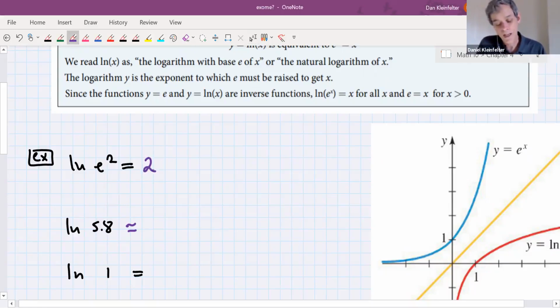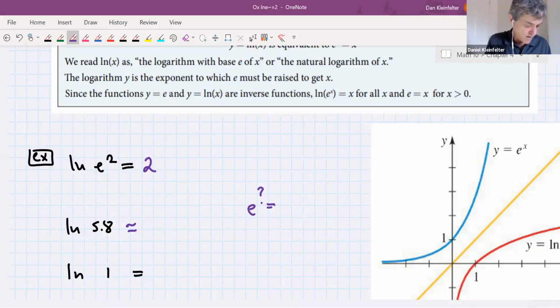Okay. For natural log 5.8, we need to think backward on that one. So we need to have e raised to some power equaling 5.8. That is harder to do in your head, and so we're going to use our calculator to get the natural log of 5.8.